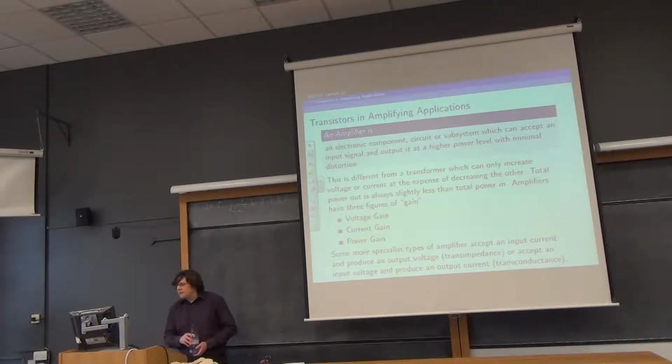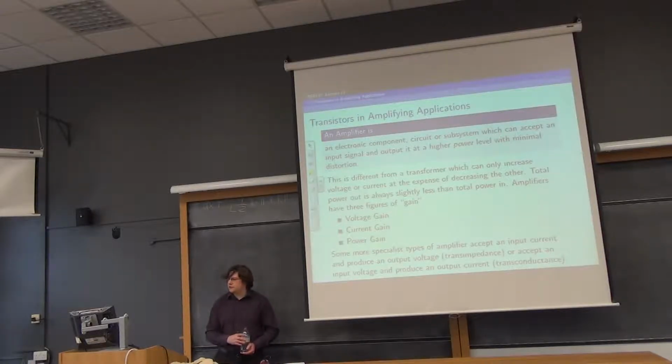So there are 3 figures of gain for amplifiers: the voltage gain, current gain and power gain. Strictly speaking, there are actually 2 more, which is the transimpedance and transconductance. We'll discuss those in a bit, but if you said what's the gain, it would either be defined by the sort of amplifier you were looking at, or the person you were asking would go, which one?